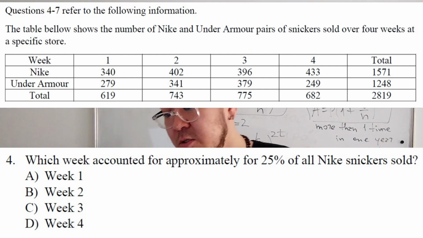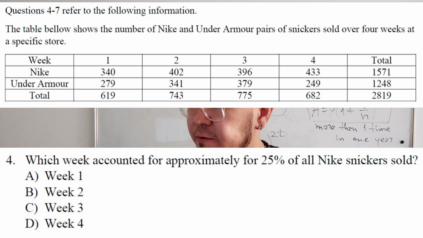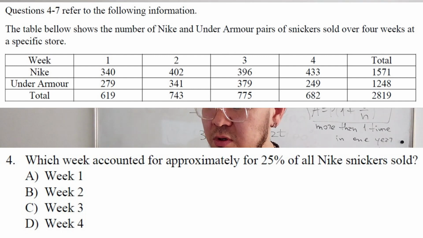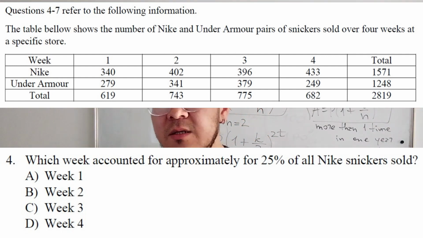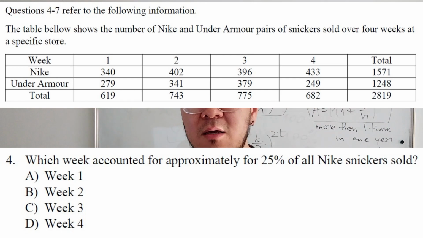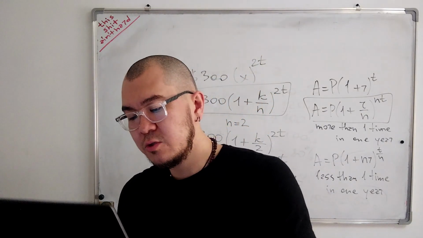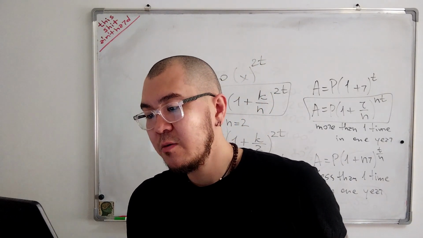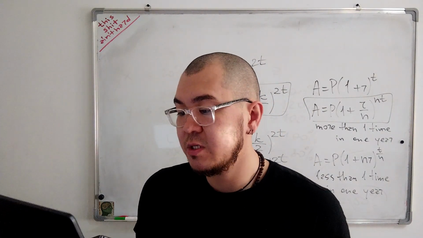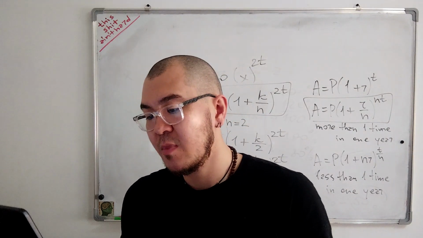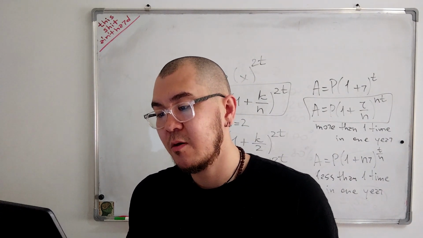Okay, so what do we have? We have only Nike sneakers, and we have to find out in which week the store sold 25% of all Nike sneakers. So what we do, step by step we try to find out the percentage of each week.